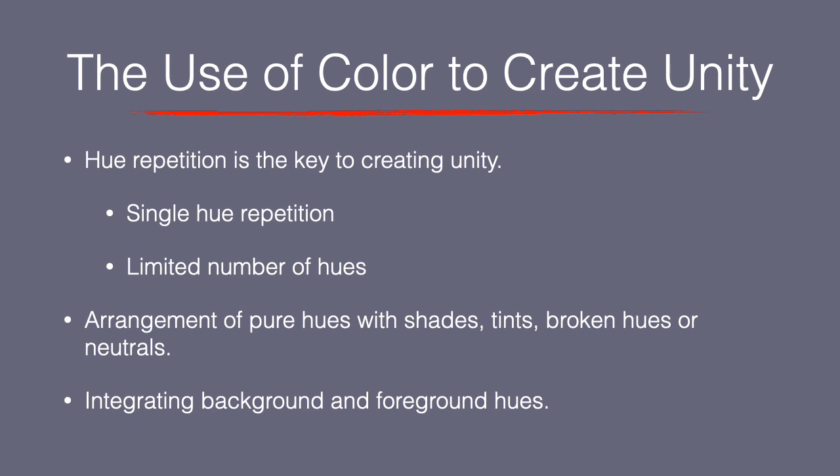The arrangement of pure hues with shades, tints, broken hues, or neutrals will also create unity within a piece. Integrating background and foreground hues by repeating foreground colors in the background of a piece brings everything together, creating visual unity.